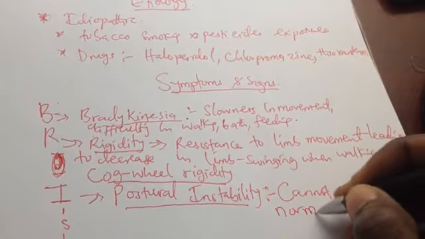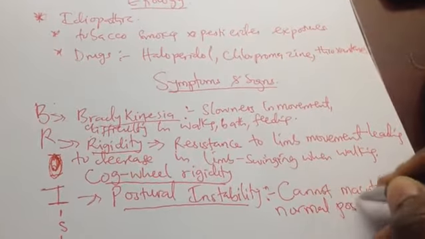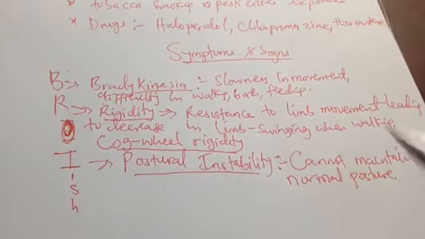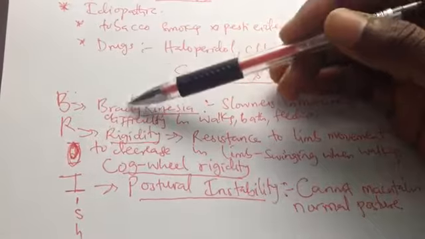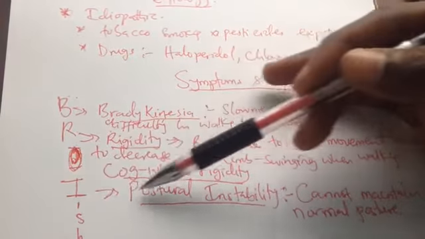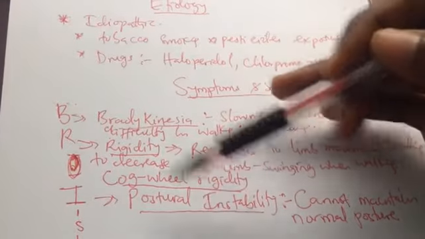So we have finished with B meaning bradykinesia, R rigidity, then I meaning postural instability.